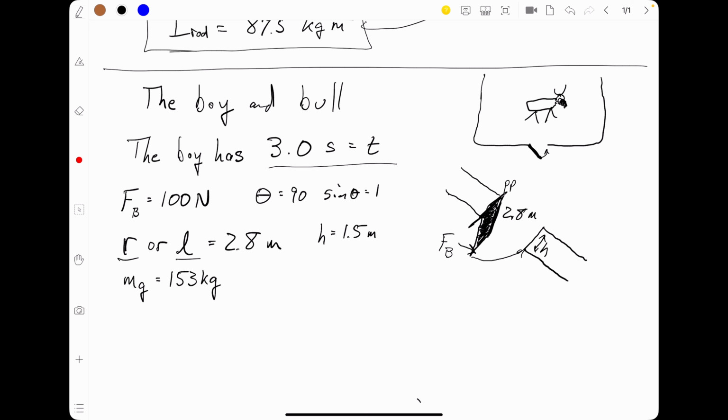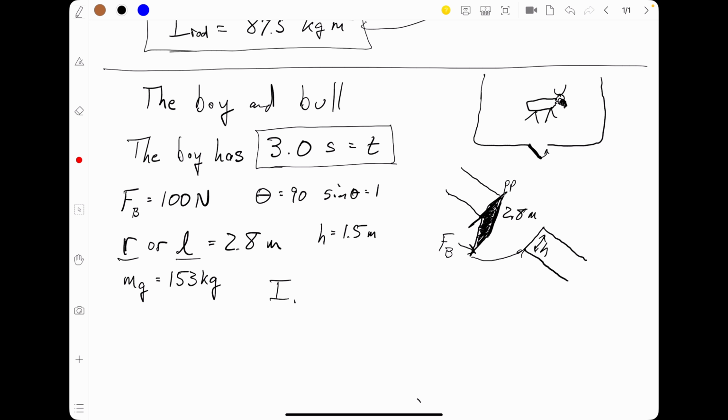So we know T, that's as much time as he has, and the other things. That's all we got. So let's put in the I of the gate.